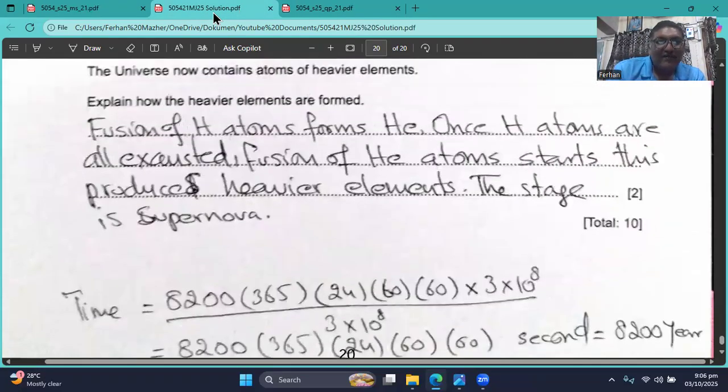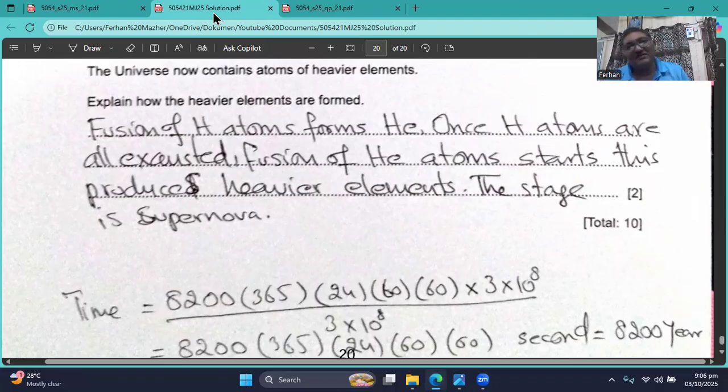So this is fusion of the hydrogen atoms forming helium. Once the hydrogen atoms are all exhausted, fusion of the helium atoms starts. This produces heavier elements. So at the end, what happens? Eventually, this starts making iron.